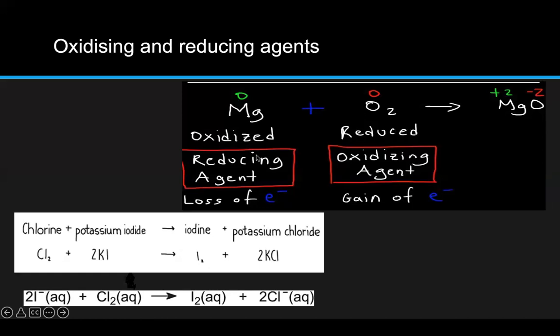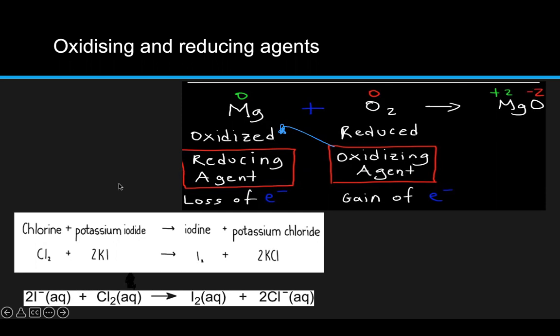So a species that has been oxidized is called a reducing agent, as it has reduced the other species. And oxygen here is the reduced species, and it's also called the oxidizing agent, which has oxidized the other species. Okay, so these are the oxidizing and reducing agents.